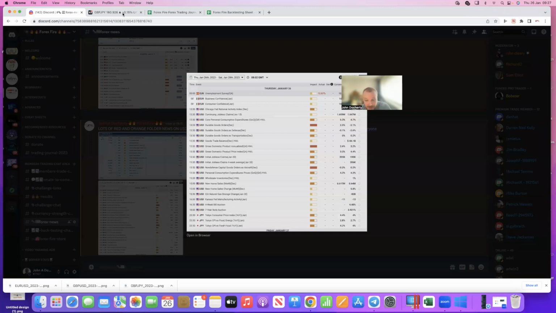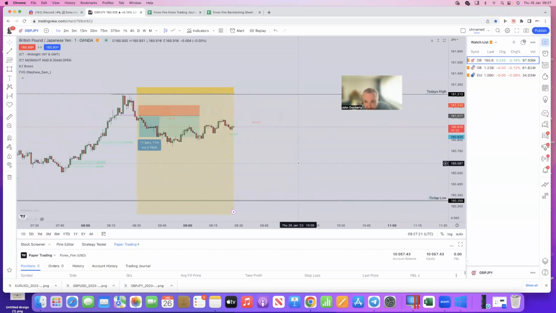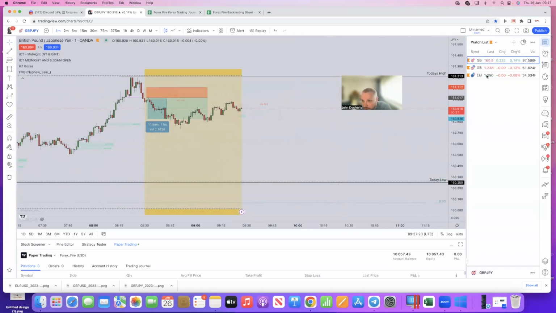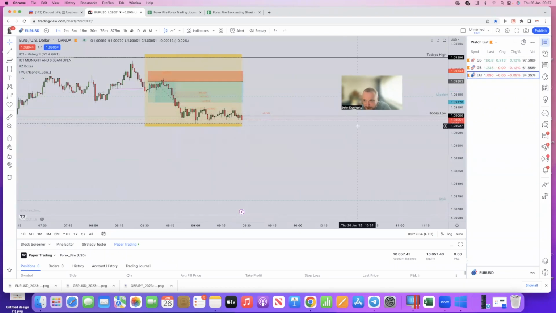So again, I'm going to protect what we have got, and so far so good. Enjoying this session this week, most certainly. Like I say, we would have grabbed the 2% here, and the 2% here, and the 2% there.